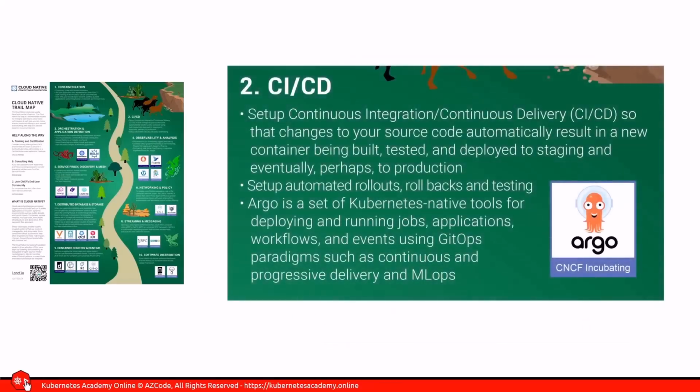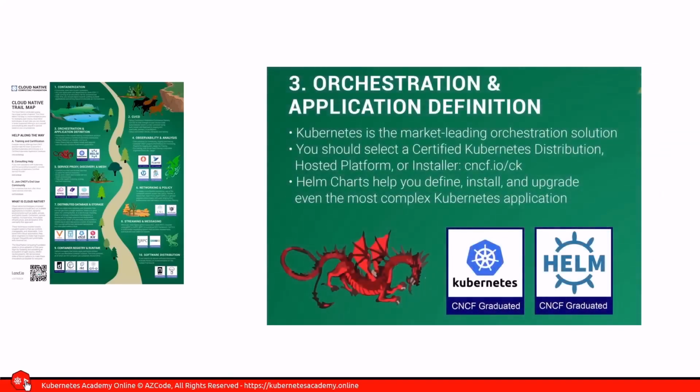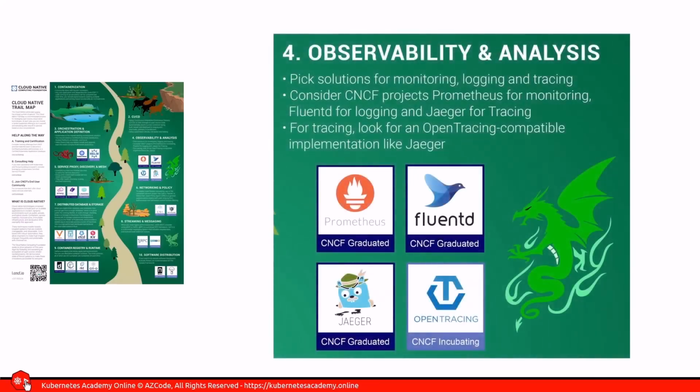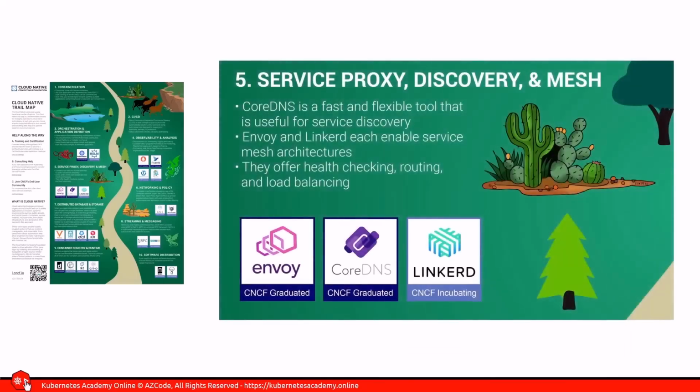You need to automate deployment through the use of continuous integration and continuous delivery techniques and tools. You need to use an orchestrator like Kubernetes and maybe deploy your application using Helm charts. Then you need to add observability so you can understand what's happening in your Kubernetes clusters and be reactive. Use tools like service meshes to provide more functionalities inside your cluster.